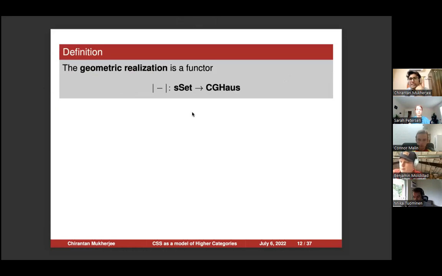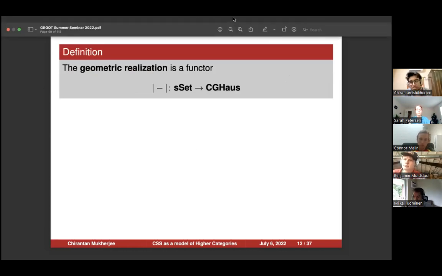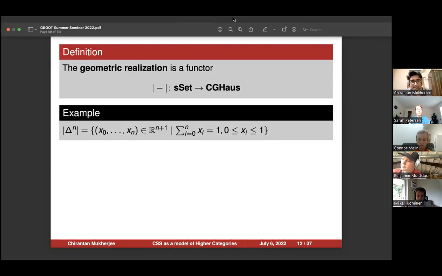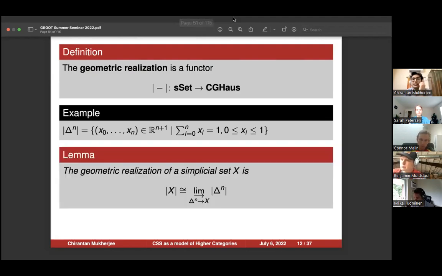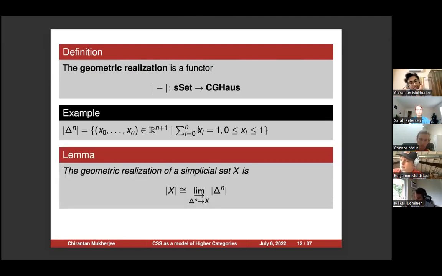There is a geometric realization functor, which takes a simplicial set into a compactly generated Hausdorff space. As an example, the geometric realization of the standard n-simplex is the topological n-simplex, which is the set of n+1 coordinates in R^{n+1} such that the sum of the coordinates is 1, and each of these coordinates lies in the closed unit interval, using which we can also write the geometric realization of a simplicial set X as the colimit of the topological n-simplices.